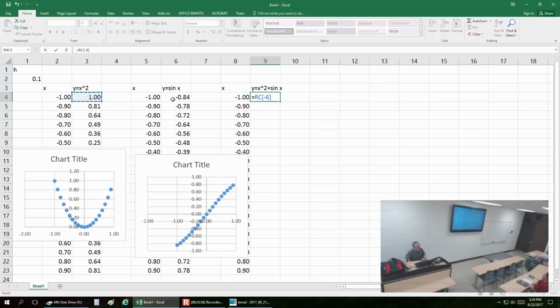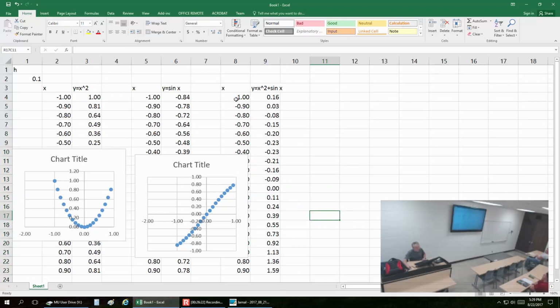I want this value, and I want to add that value. So I take the outputs. The inputs are already taken care of, it's the same input. Now I take the two outputs, one for x squared, the other for sine, and add them together. Once again, I have all my formulas right here.